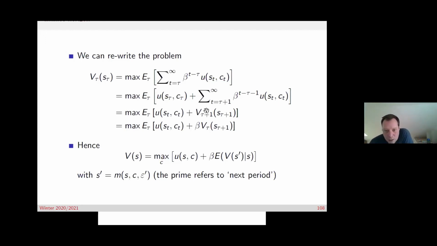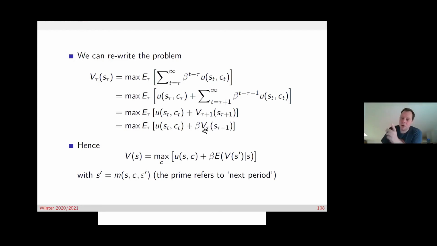So with the help of extracting one of the betas, you can rewrite this problem in a nicer way, namely that the functional form on the left-hand side of the Bellman equation and on the right-hand side is identical.